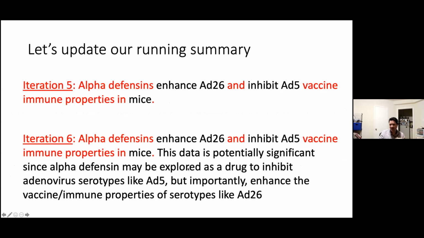And all we really stated, in my own words, is that this data is potentially significant because it sounds like we could use a defensin to inhibit some adenoviruses, and we didn't go into this, but adenoviruses cause the common cold. So it may be used as a drug to ward off certain adenoviruses, but it could also be used as a way to adjuvant or enhance the vaccine immune properties of serotypes like AD26.